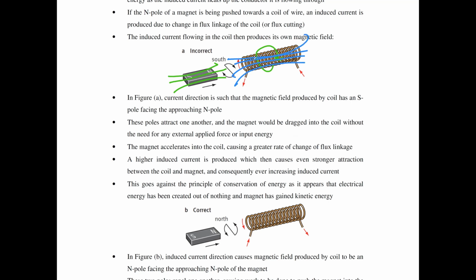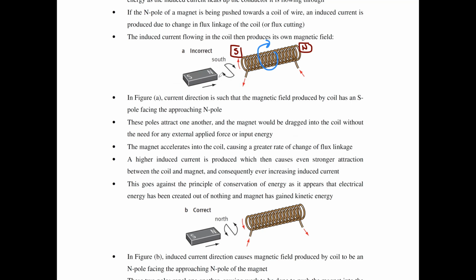So when your solenoid produces its own magnetic field, there will be a polarity to the magnetic field, where one end is north, one end is south. So let's assume that right now, for the current flowing in this particular direction, you get a magnetic field where the polarity is south and north over here.